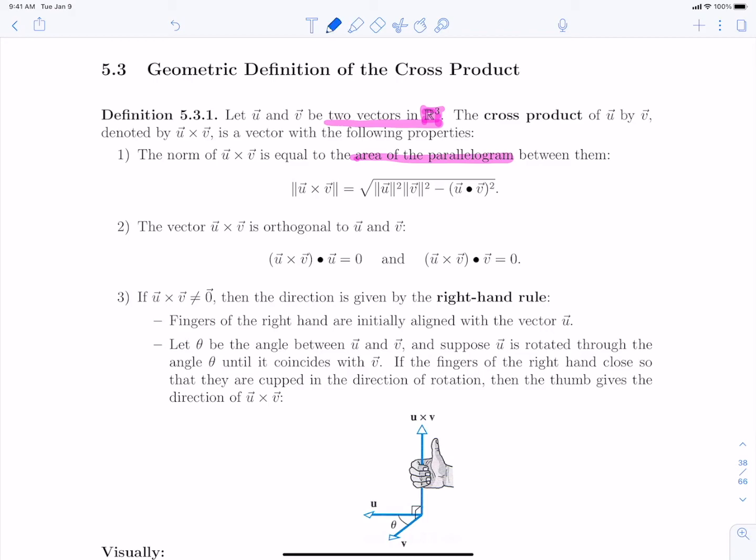That's pretty cool. We also have that the vector u cross v is orthogonal to both u and v. So when I find u cross v, I'm actually getting a vector as a result. My cross product gives me a vector.